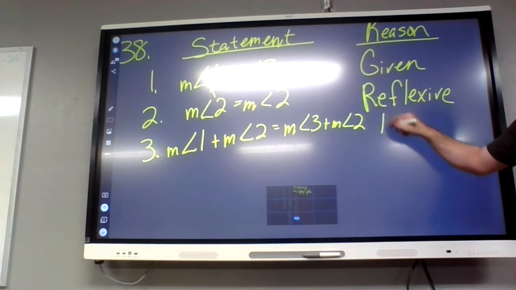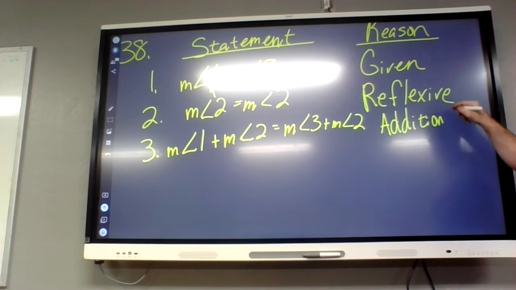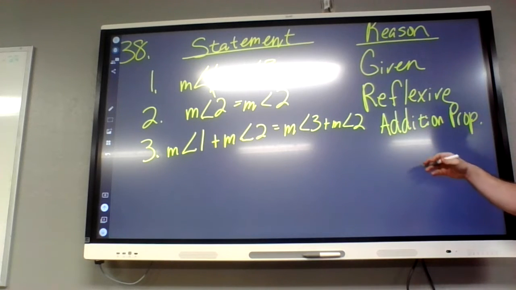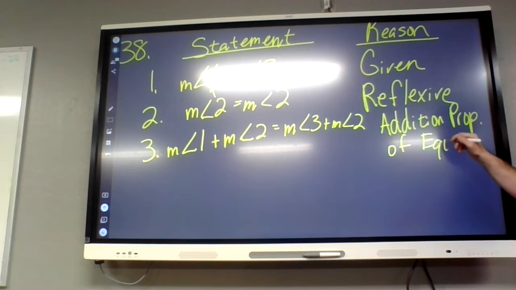Addition property of equality. Because it's a trick you can use on equations. Addition property of equality. Is there more at the end? No, we're done when we get to the line we're trying to prove.